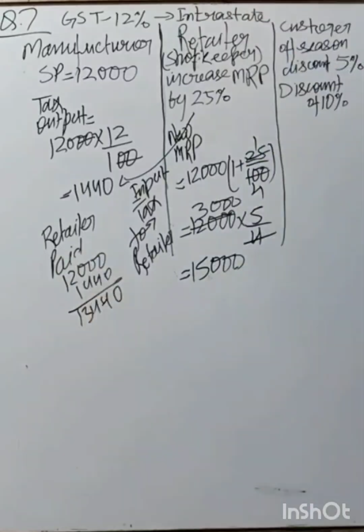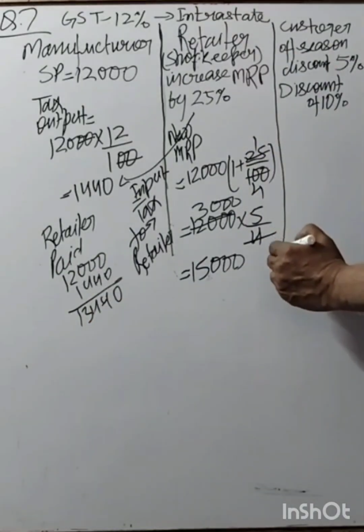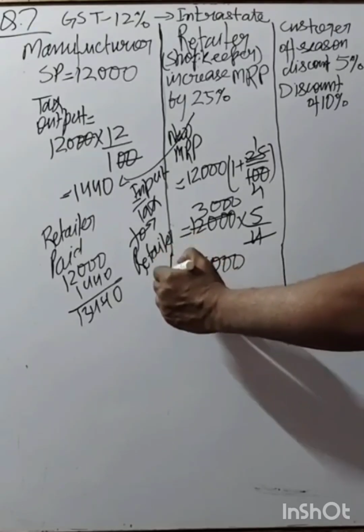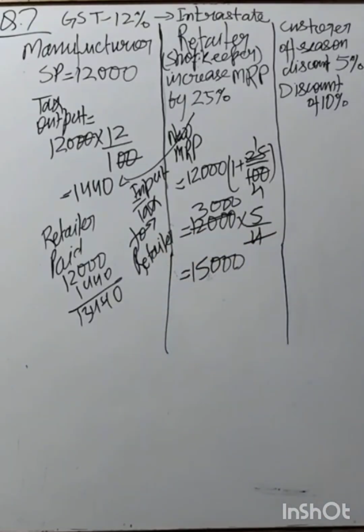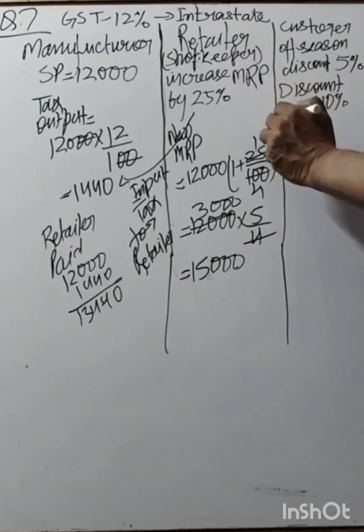This is inclusive of tax, right? Now the MRP becomes 15,000.